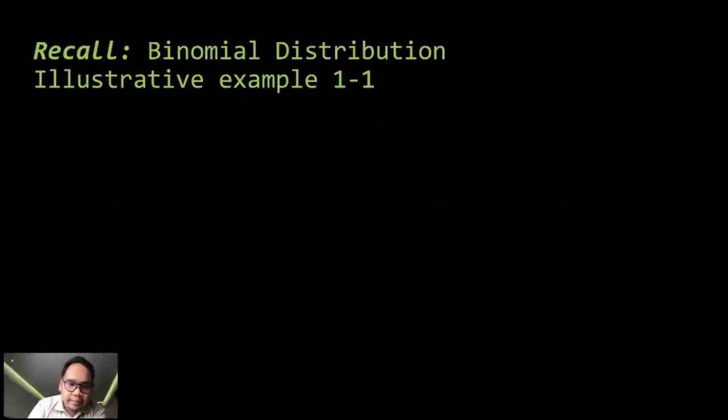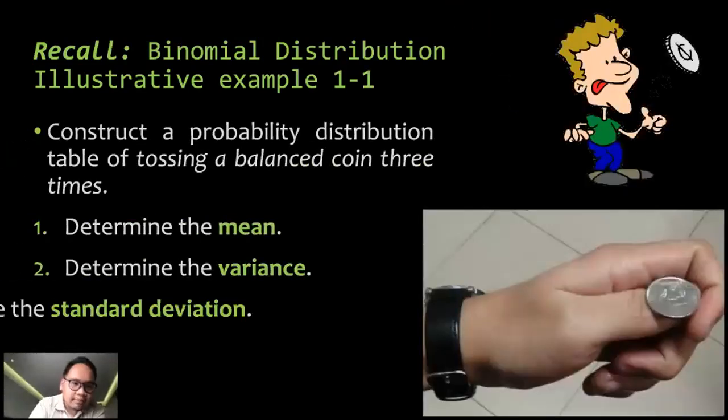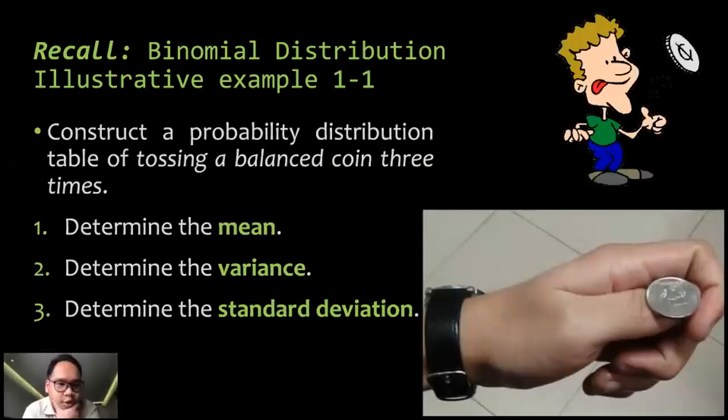For example, construct a probability distribution table of tossing a balanced coin 3 times. So our n is 3. When you toss a coin, the probability of success is 1/2. Say we are interested in getting heads. What is the expected value of heads we can get?